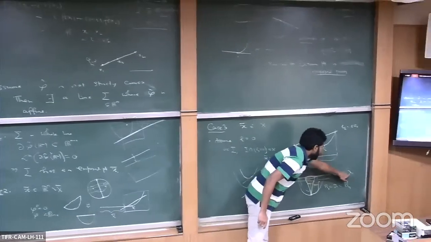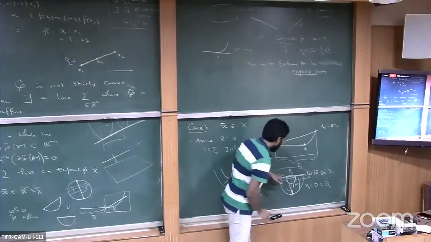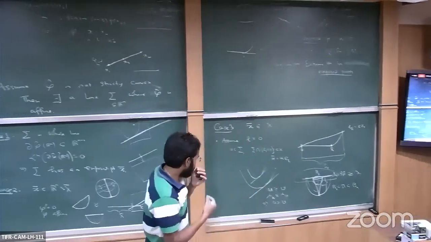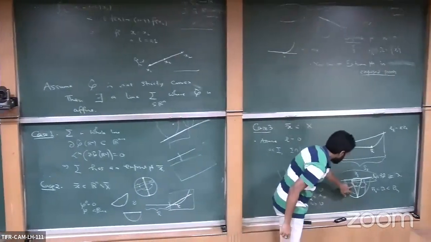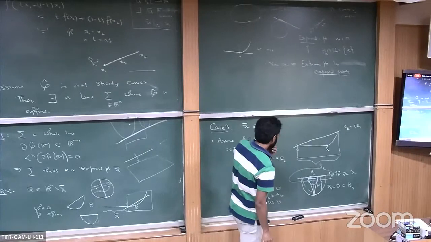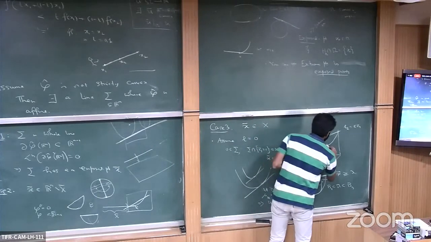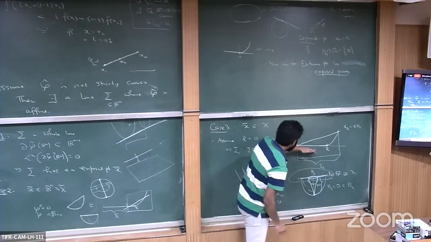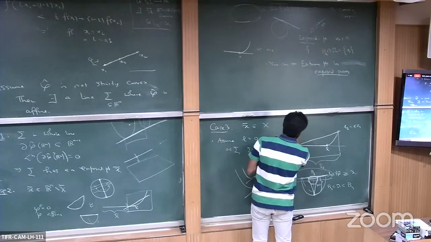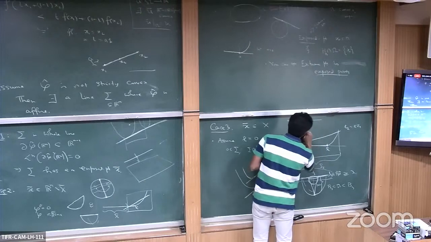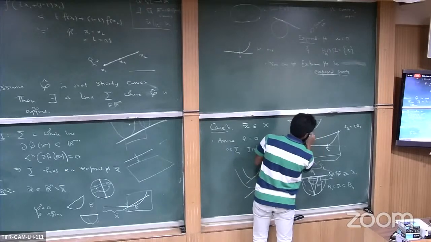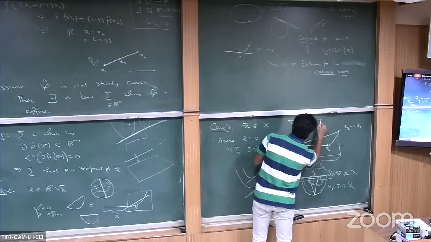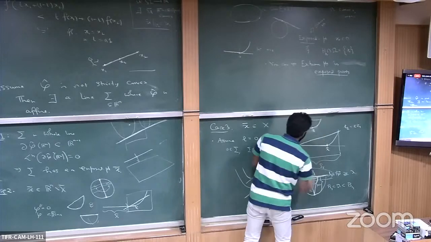Since you have a lower bound, you can form a barrier which will give you some lower bound on the minimum. So in this case, you see this point x bar. Suppose this is the point x bar.